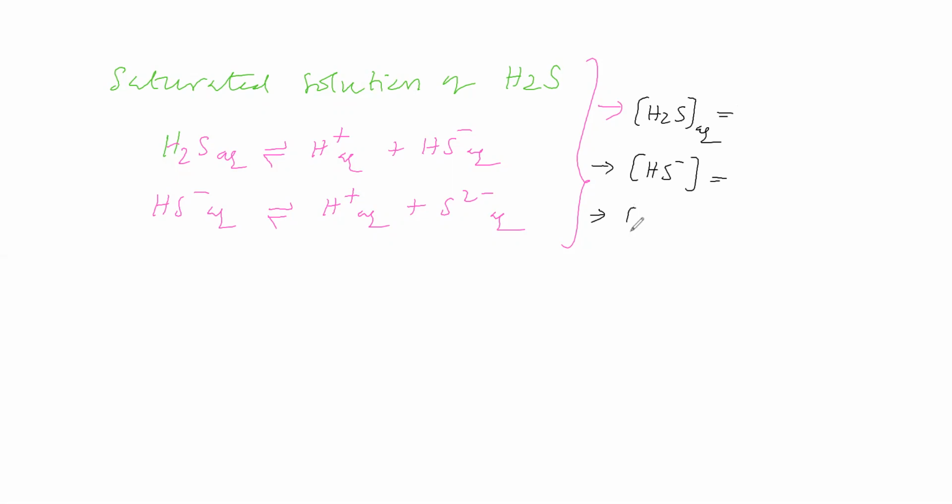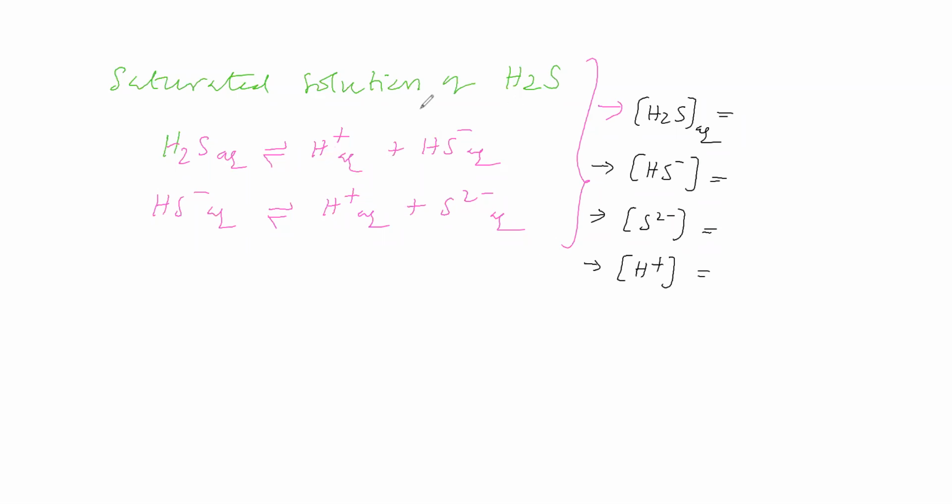Sulfide is present, so we can say the concentration of sulfide. H plus ions are present, so we can say the concentration of H plus. So this saturated solution of H2S contains two equilibria: one is this one, another is this one.